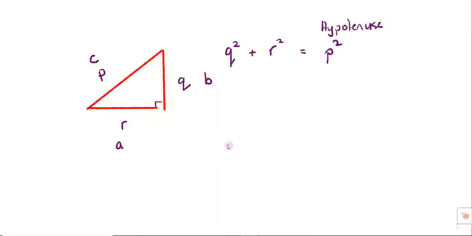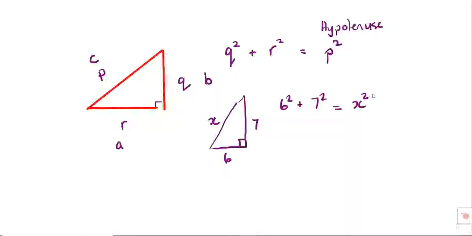So if I gave you a simple question, just roughly sketching, and I said that side is 6, that's 7, and this would be x, Pythagoras' theorem would state that 6 squared plus 7 squared is x squared.